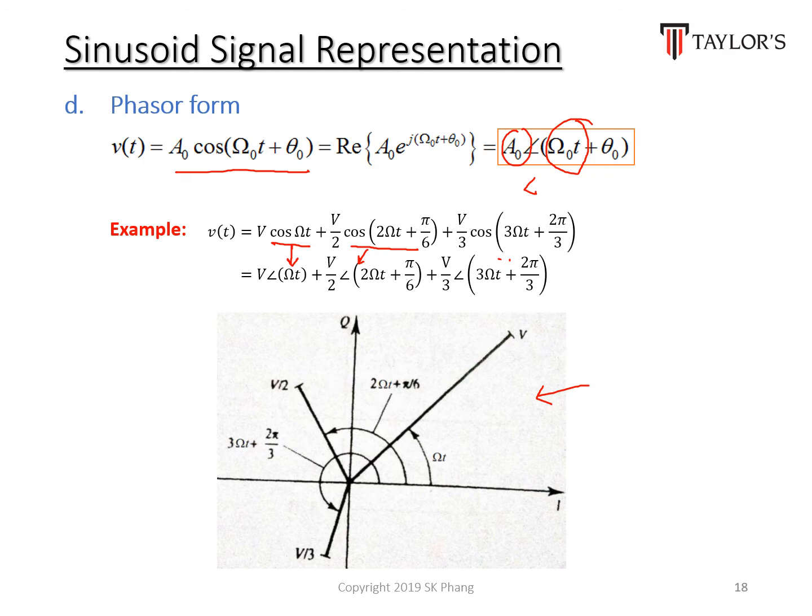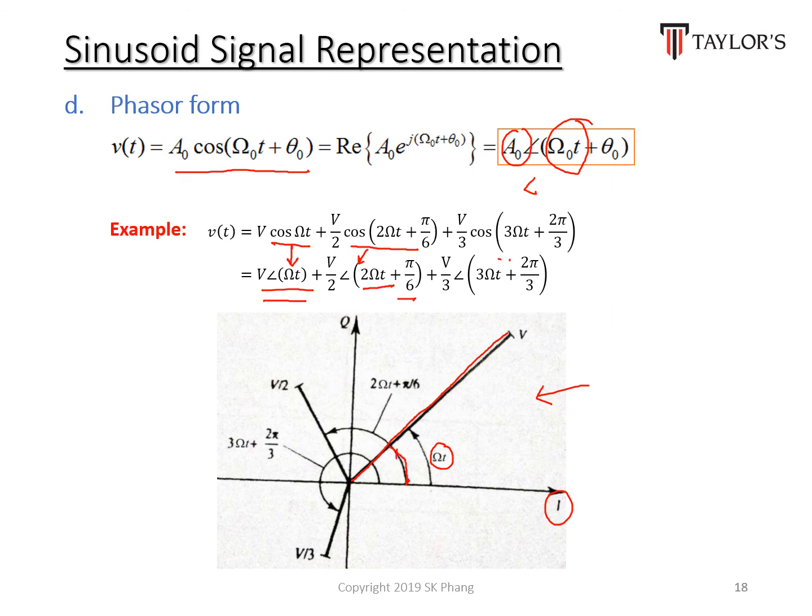When we draw it in phasor form, we always start from the x-axis. From the x-axis, we draw our first cosine wave, which has a separation of omega t angle, and this line has the length of V. Then from the same axis, starting from here again, we draw the second phasor, at 2 omega t plus pi over 6.